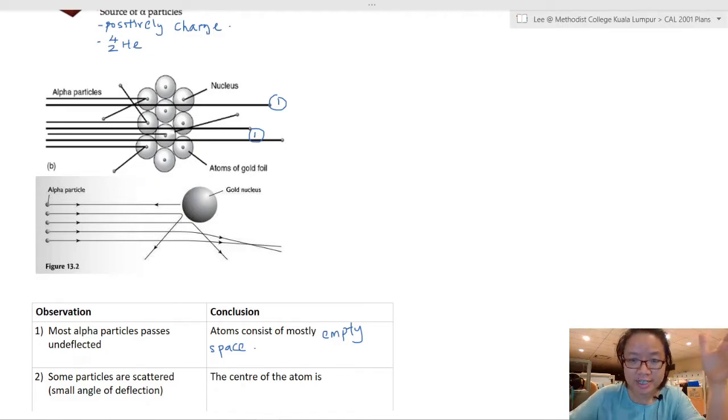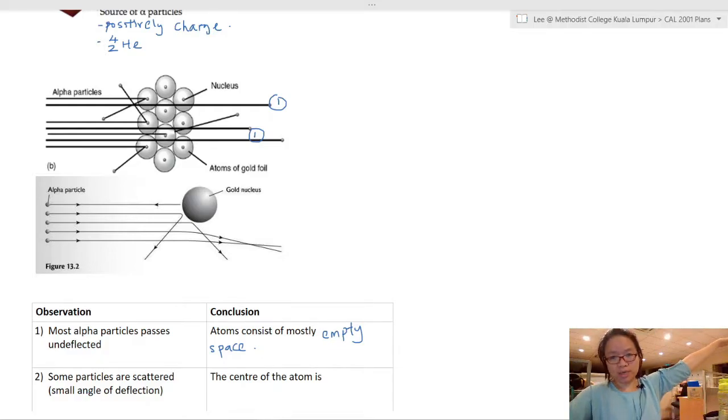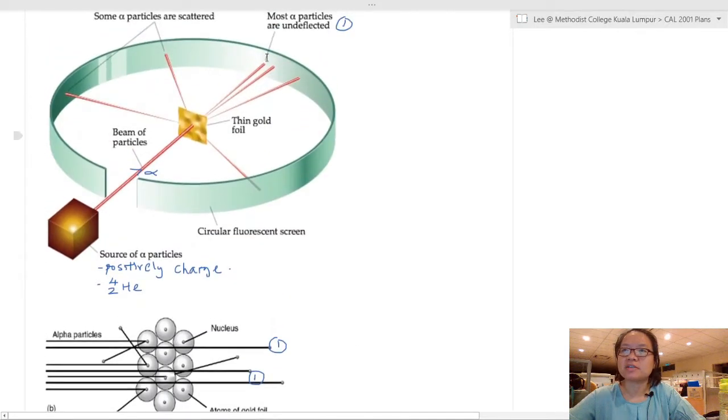Imagine a Chinese dining table, the circular one. If that is the size of your nucleus, your first electron, your 1s2, is 10 km away. That's why we say the atom consists of mostly empty space. The alpha particle will just pass through in a straight line, so it will pass through undeflected, as seen in this part.